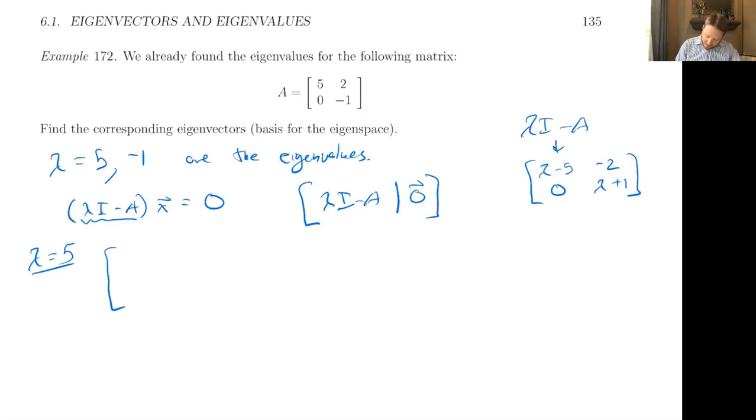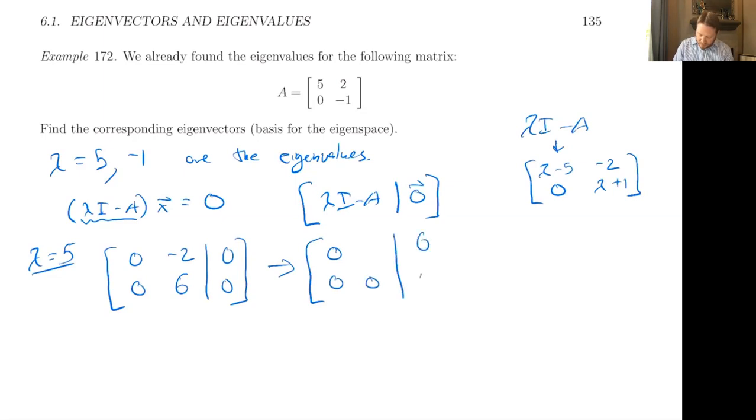So plugging in 5 gives me 0, -2, and then 0, 6. These will always be very easy to row reduce, although I suppose there's no shame in getting a calculator out for doing this, but you can do them in your head, okay? This will row reduce to this matrix, all right?